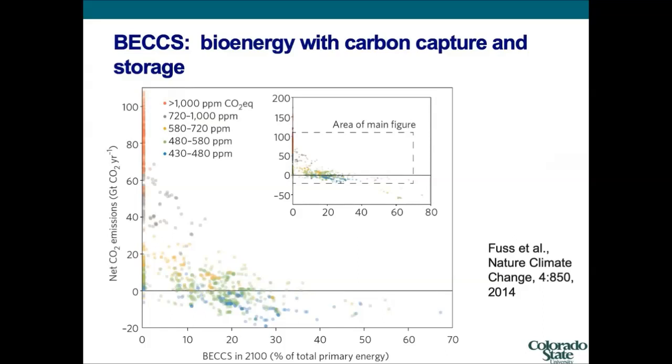But this is the only technology approach that has the possibility of generating energy while actually reducing atmospheric CO2 levels. That's what's being proposed. How to do this at large scale is another issue, and what it would mean for food production and water consumption, et cetera, is also up for discussion.